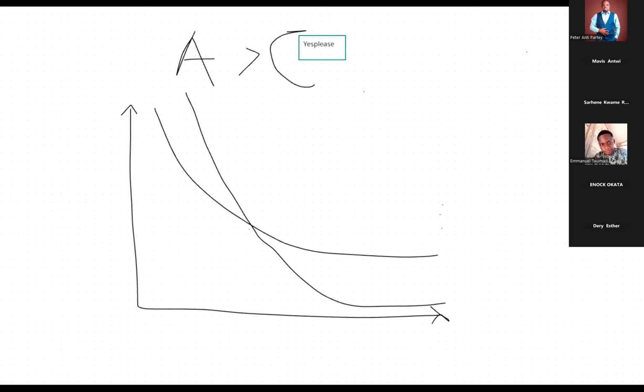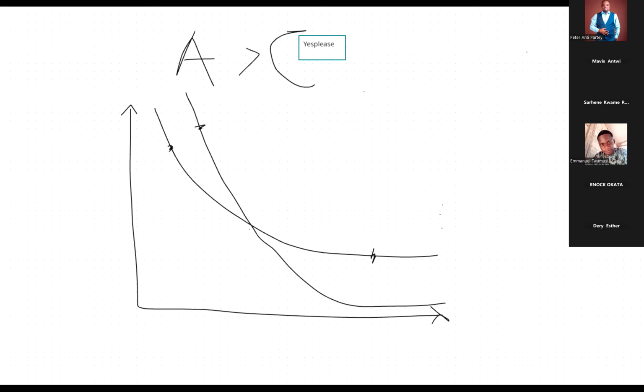Now, if we have something like this, it means that you have a point here, okay? And then you have a point here. Remember, we said that points on the same indifference curve yield the same level of satisfaction.